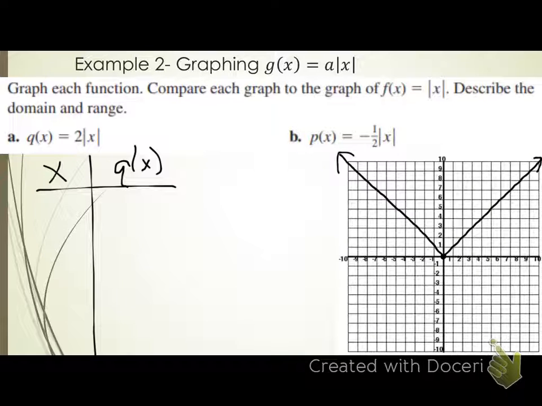Someone give me a value to plug in. 3. What's the absolute value of 3? 2 times 3? 6. 3 comma 6.